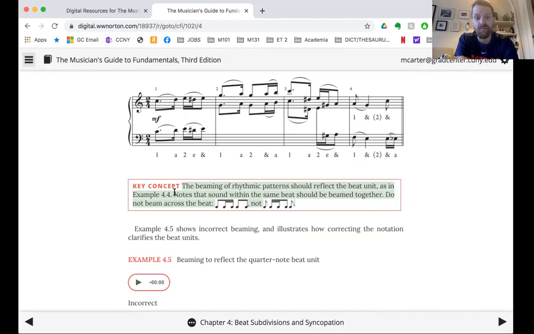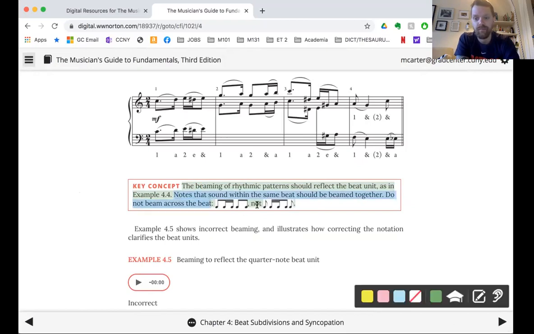That is really the ultimate point to make here: within a given beat, beat 1, beat 2, in the case of a 2/4 simple duple meter, you only beam notes together that are within a beat, within beat 1 and beat 2. And it gives you this example.